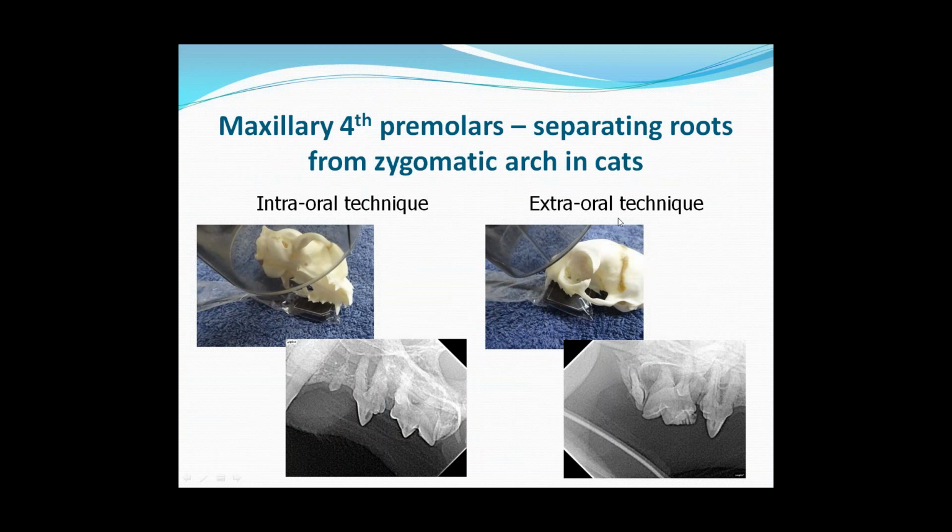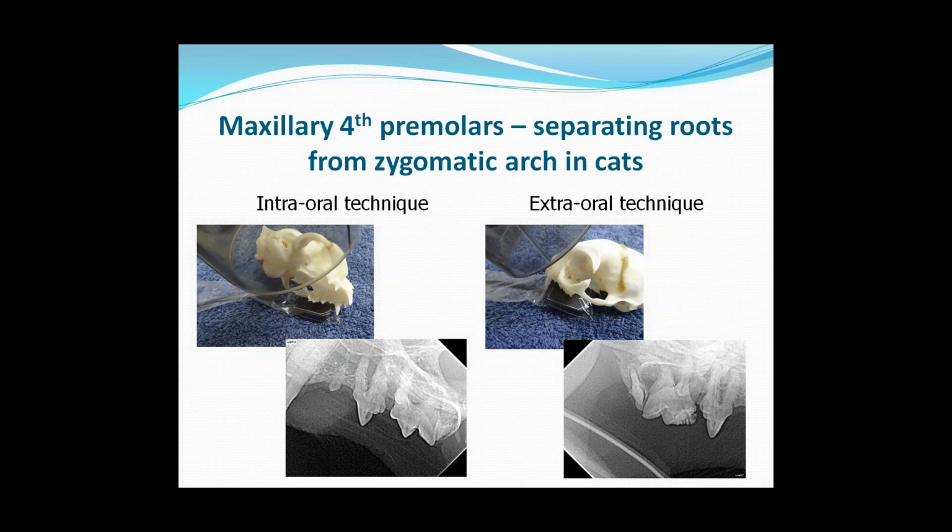So one of the difficult things that I've found in taking radiographs is trying to remove the zygomatic arch from the fourth premolars in cats. Most of our radiographs, and what we encourage veterinarians to do, is to take intraoral techniques. In other words, putting the actual film or the sensor inside the animal's mouth.